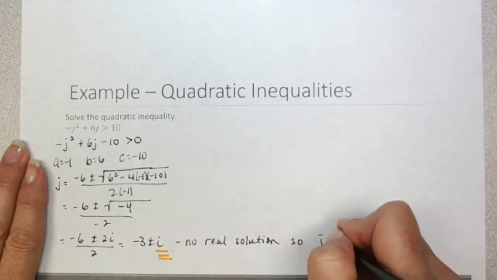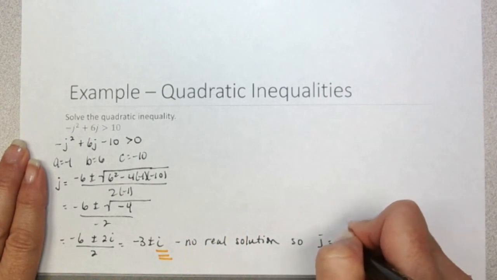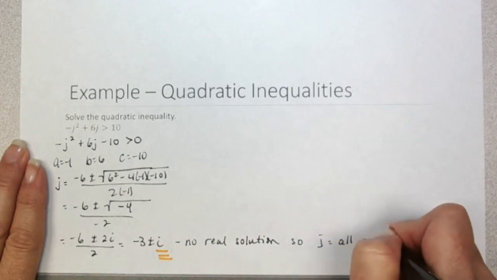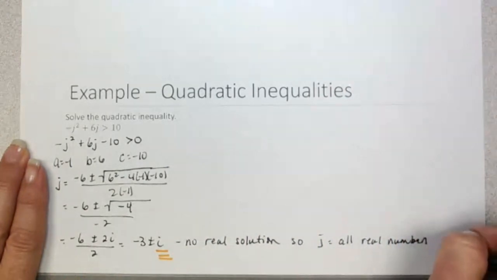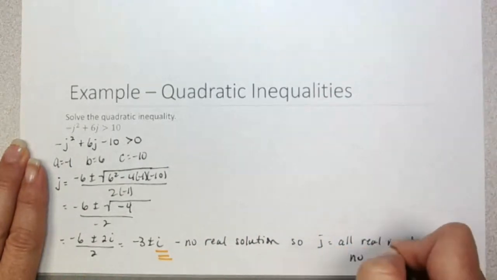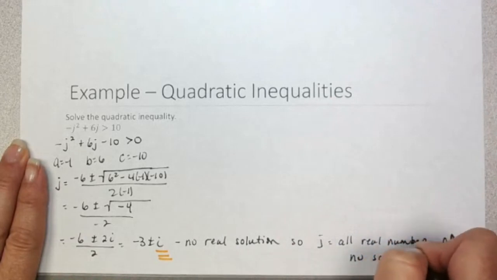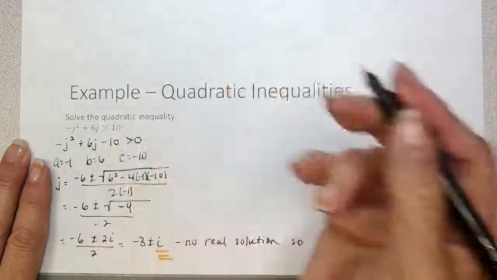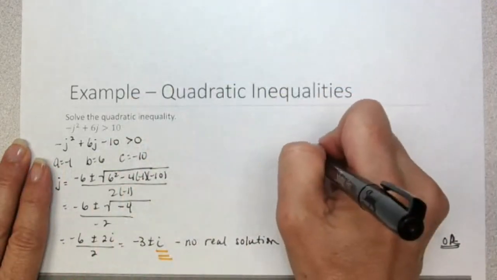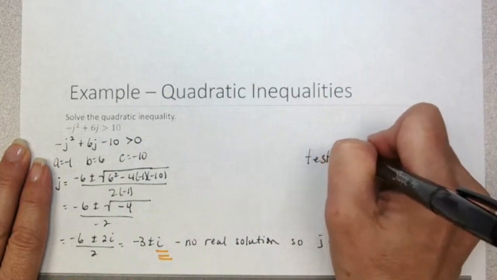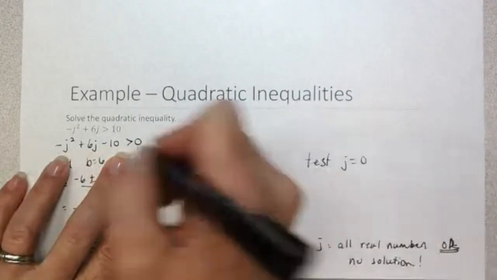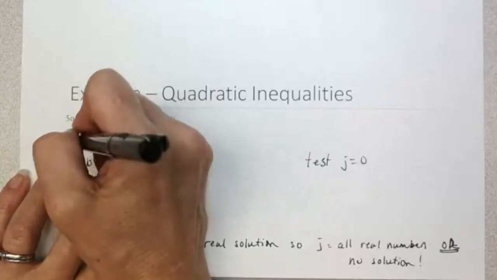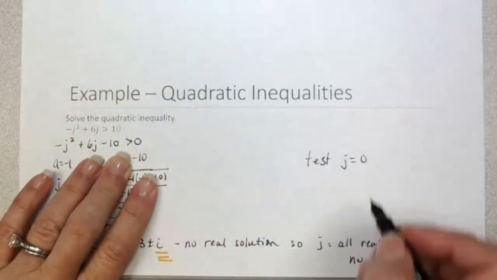So J can be either all real numbers, or no solution at all. To find out which one, test any value. We'll pick 0. It's the easiest one to test. So we'll test j equals 0. Let's plug it into our inequality and see what happens. Negative 0 squared, that's just 0, plus 6 times 0, that's 0.